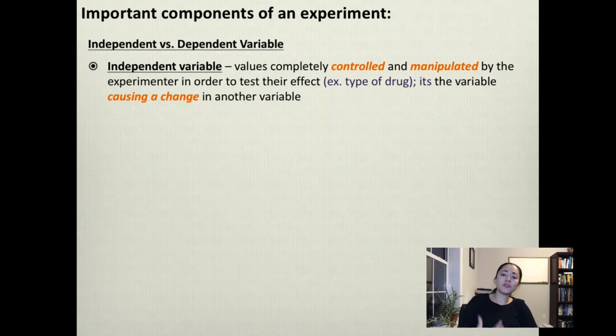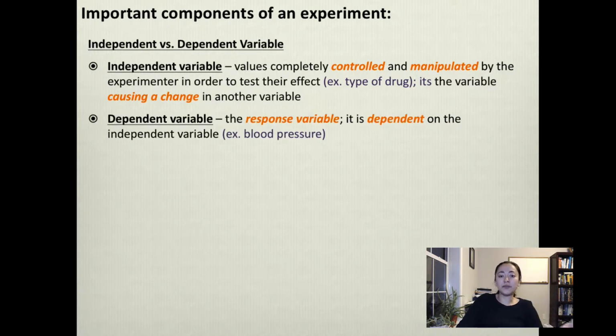So it's a type of drug, right, that is causing a change in the blood pressure. The blood pressure in this example would be the dependent variable. It's the response variable. It is dependent on the independent variable. The blood pressure is dependent on the type of drug, so the blood pressure is the dependent variable.